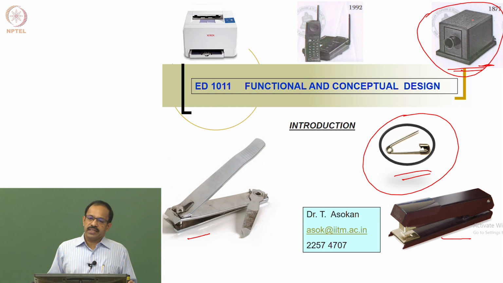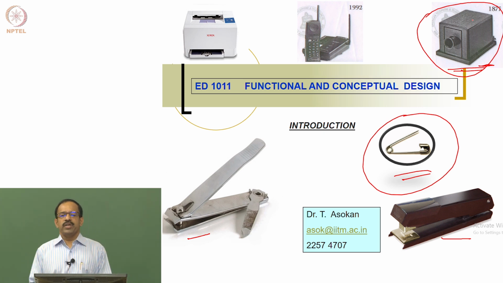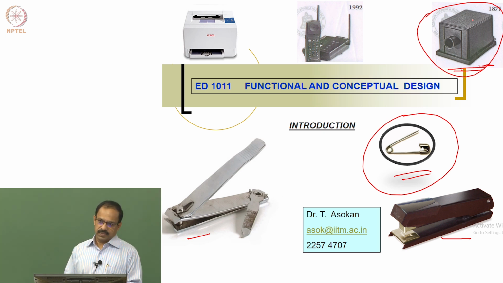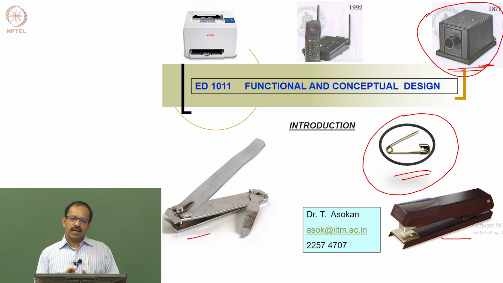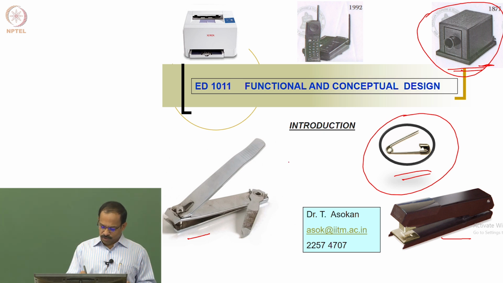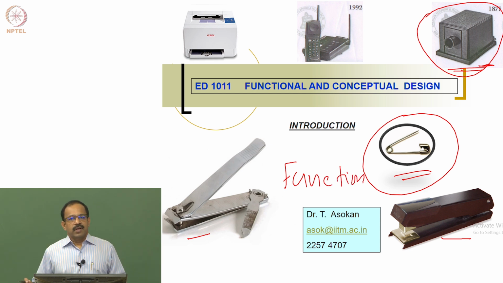So, if you look at any product in the market, you will be able to see these two important aspects of a product. One is the purpose of that product, or we call it the function of the product. The function of the product is basically what the product is supposed to do. What is it doing?